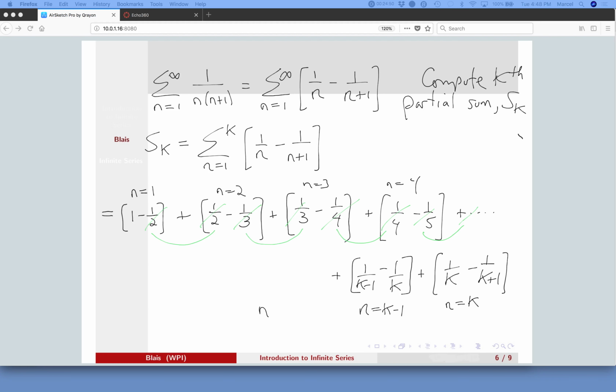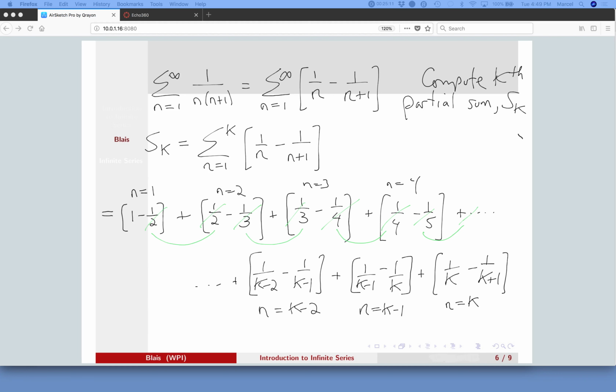We do the n equals k minus 2 term. So again, just replace n with k minus 2. 1 over k minus 2 minus 1 over k minus 2 plus 1. So that's 1 over k minus 2 minus 1 over k minus 1.